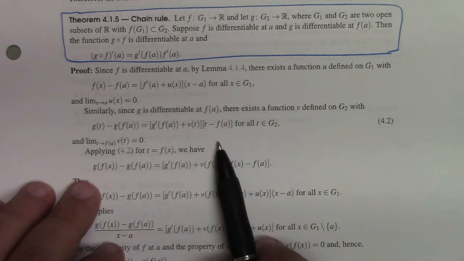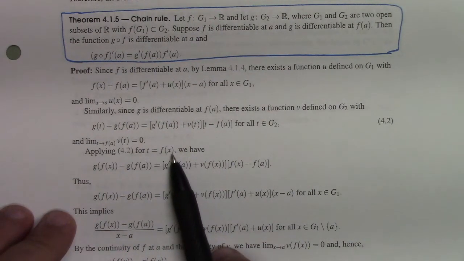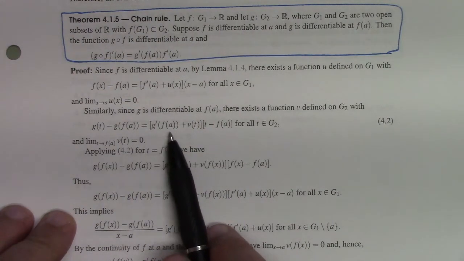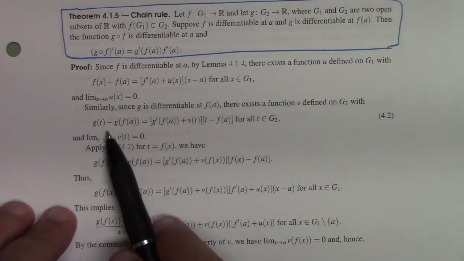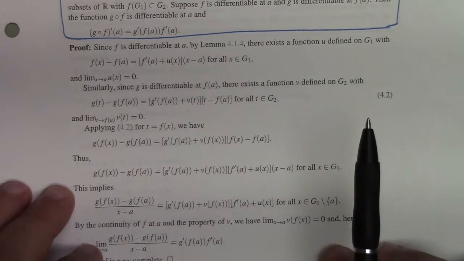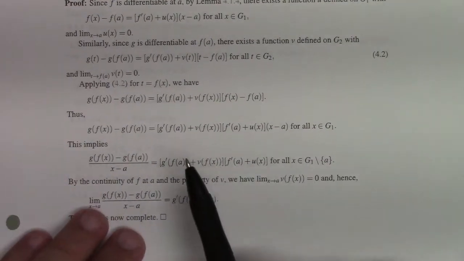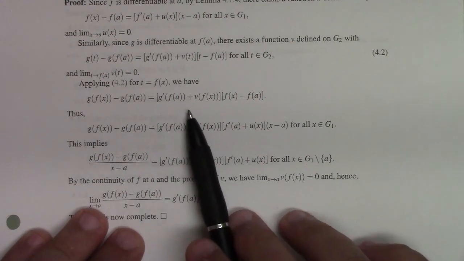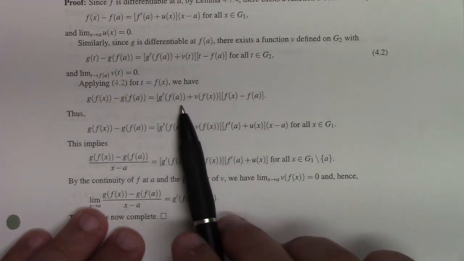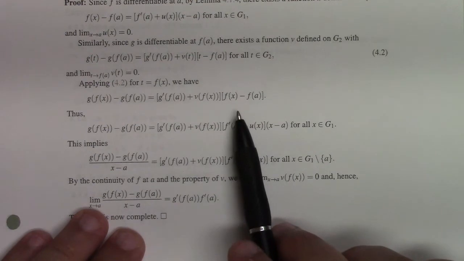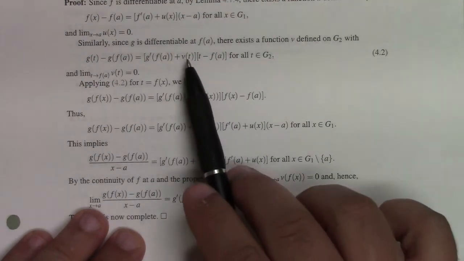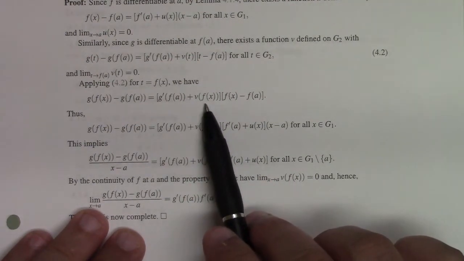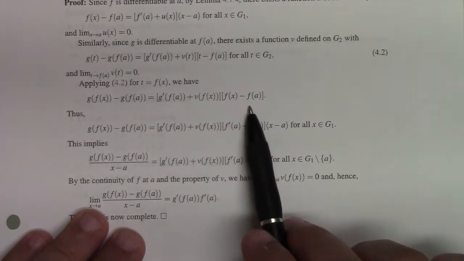But then if you let t equal f of x, that gives us g of f of x minus g of f of a is, so again we're just plugging in f of x for t, so there we go.